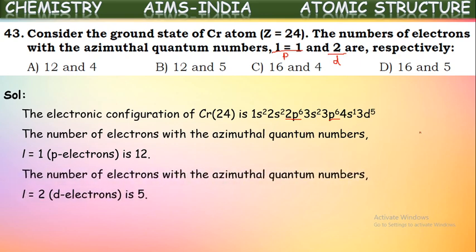Only 5 electrons are there. So 12 and 5 is the correct answer. There are 12 electrons with azimuthal quantum number l value 1, and 5 electrons with l value 2. Where is it? The B option. Okay. Next one.